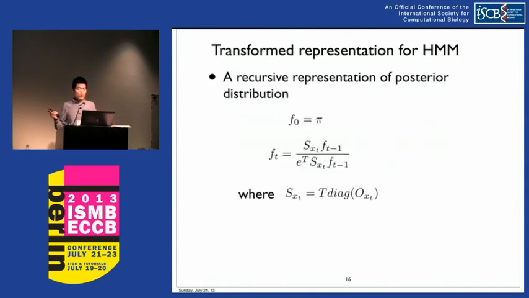Then we define Ft as the posterior probability of the hidden variables at location t, which is also the feature we want to use. And this is the recursive update rule for Ft, which involves the transition of the hidden variables and emission of the observation variable xt.